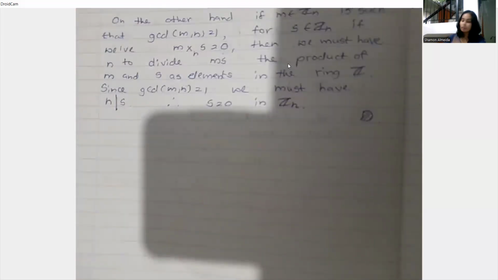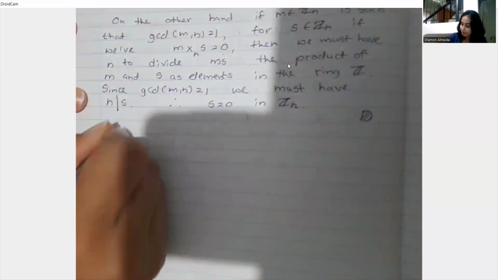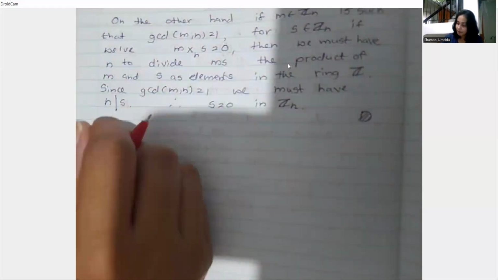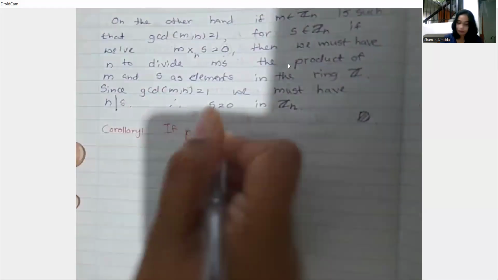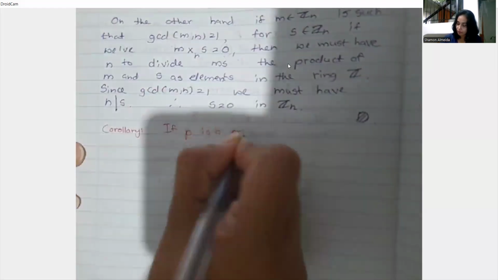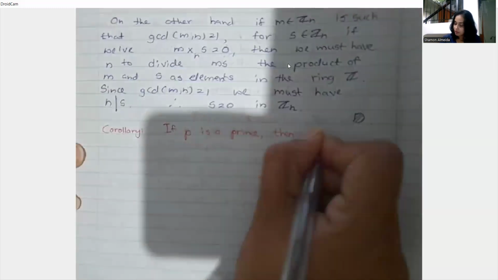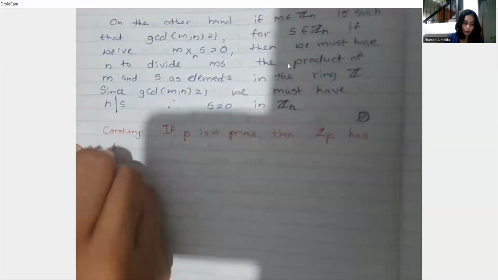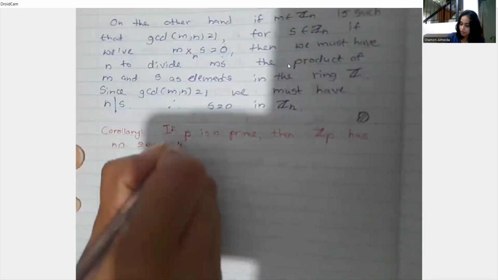Right, so moving from this, the next corollary: if P is a prime, then ZP has no 0 divisors.